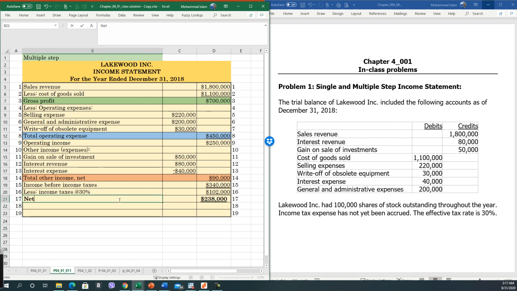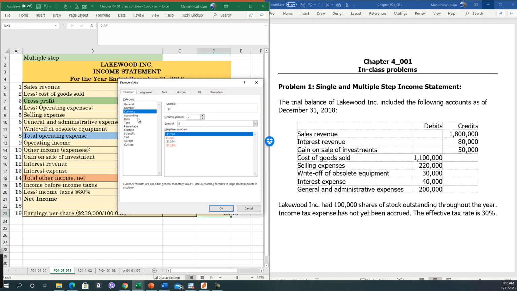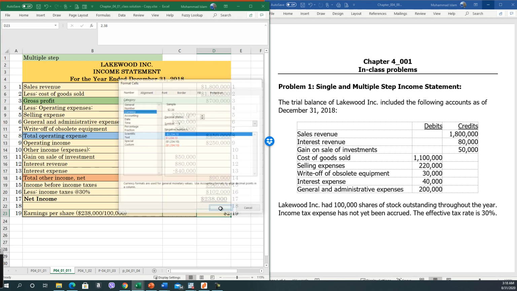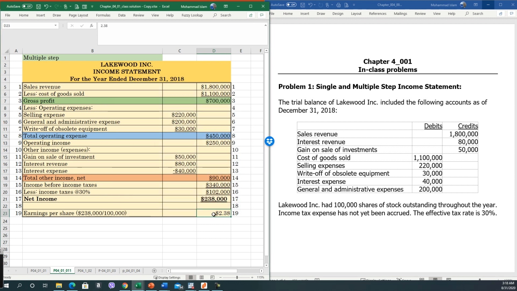So this is our net income, and earnings per share would be 238,000 divided by 100,000, so it should be equal to 2.38. So yeah, we need to format this one. So this is how we prepare the multiple step income statement.